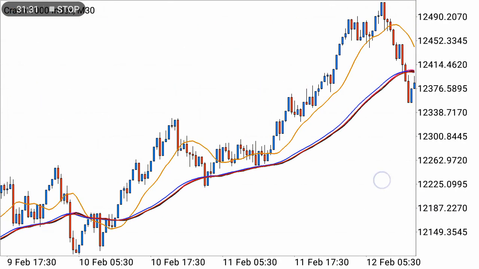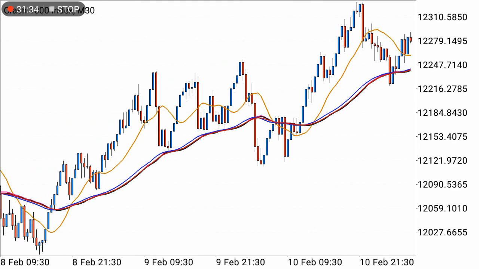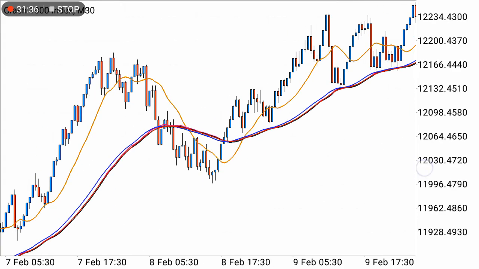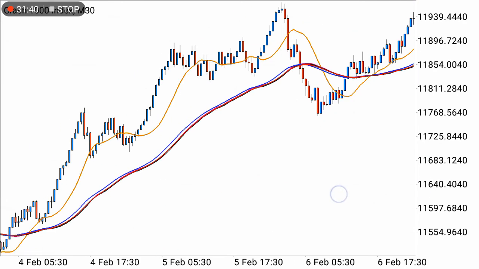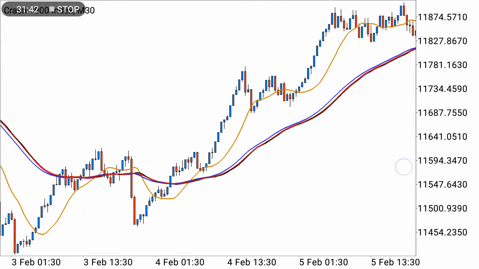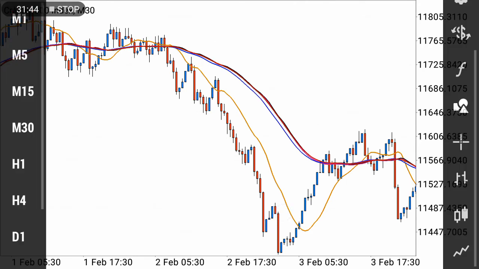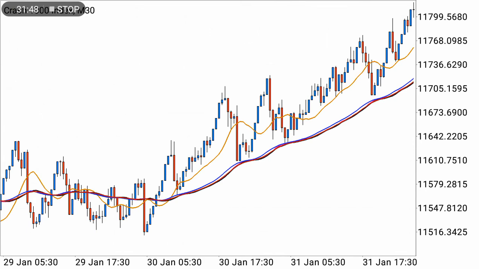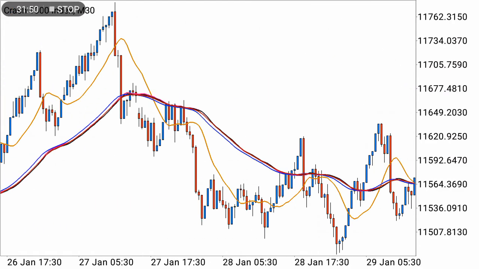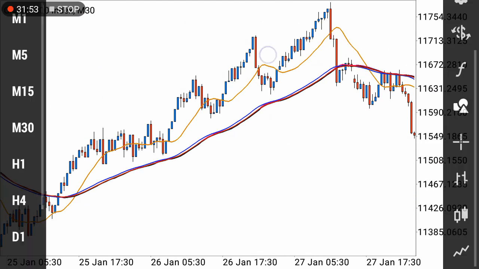Look here, how many times the market draws this M and W? Look at this one. Look here. Look at this. Look at this. Look how many times the market draws. Look here.